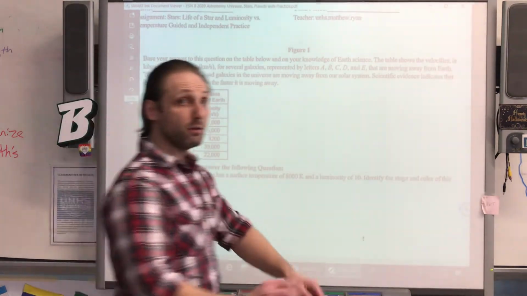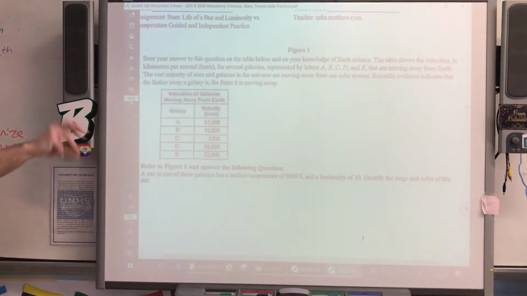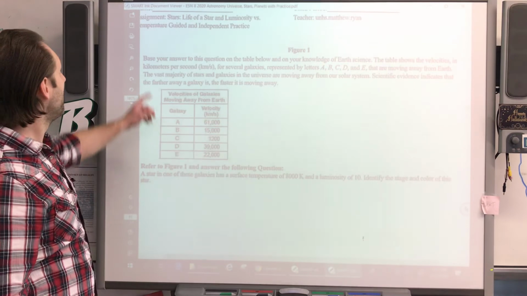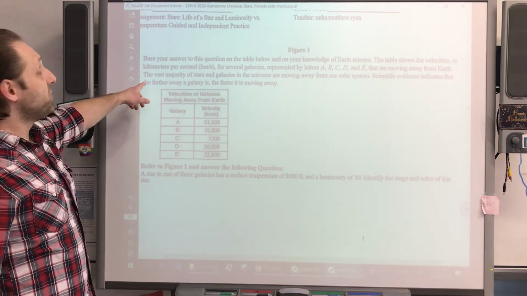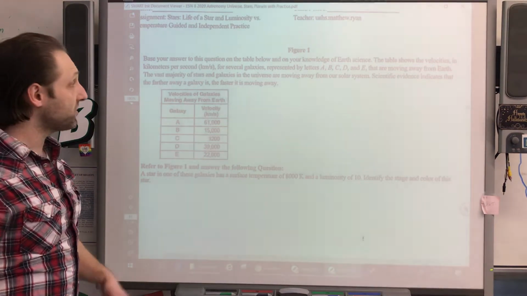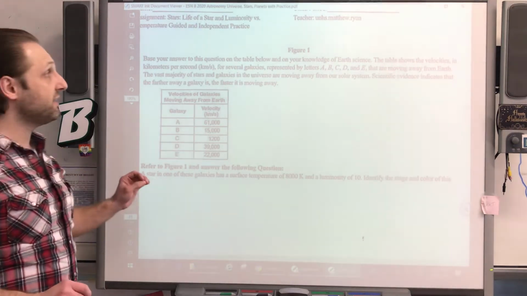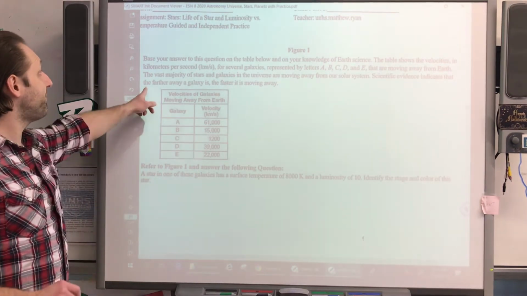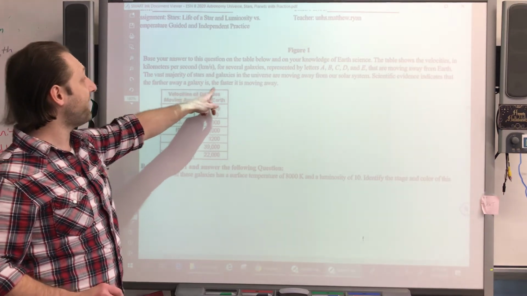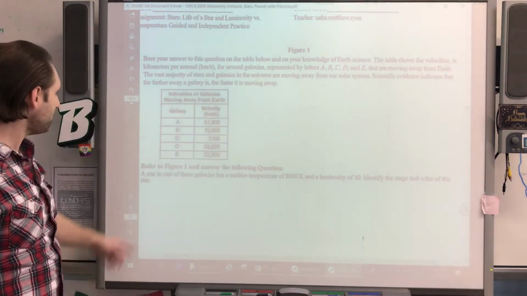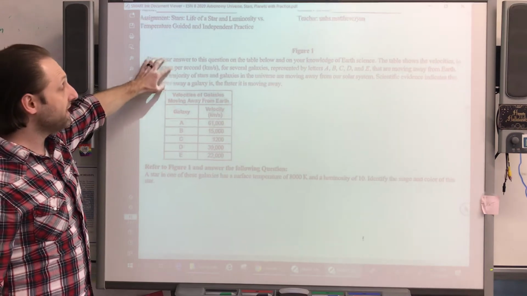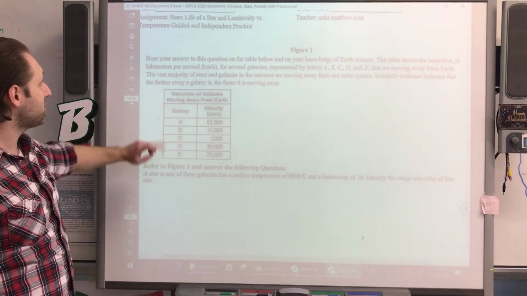The vast majority of stars and galaxies in the universe are moving away from our solar system. Scientific evidence indicates that the farther away a galaxy is, the faster it's moving. All right, so we might need this background information, we might not. Let's look at the data.